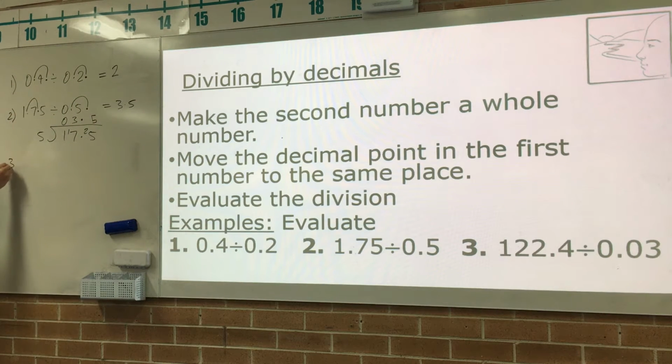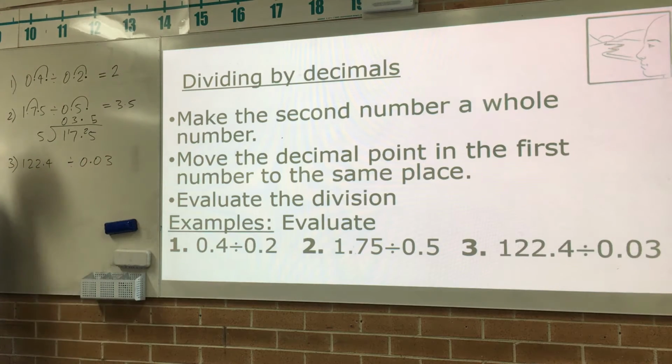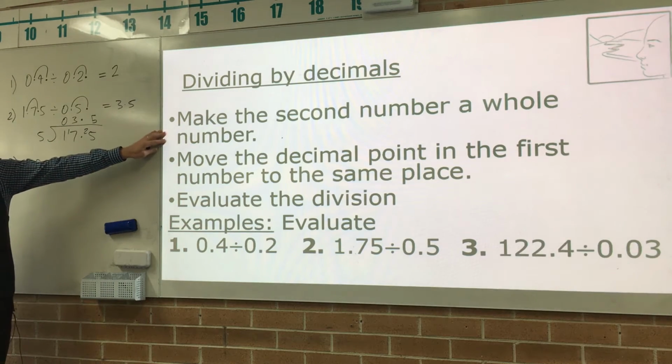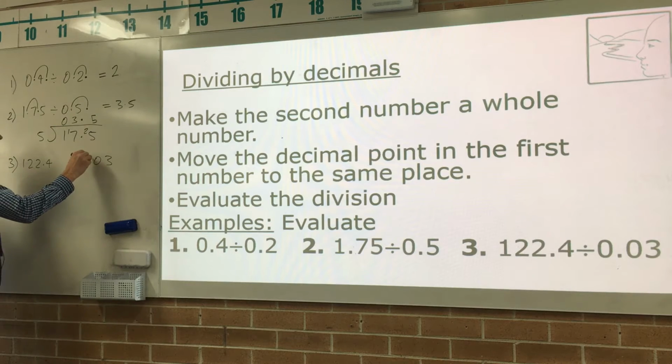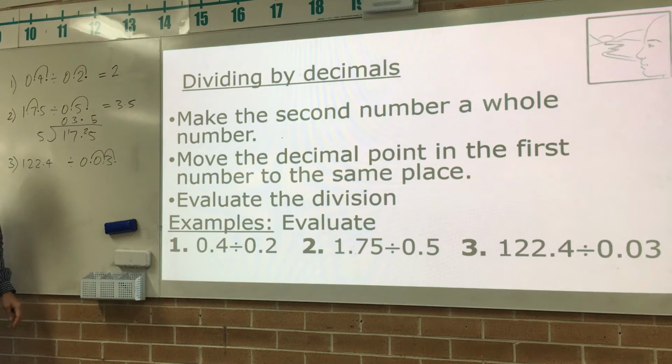For question 3, we're going to do a similar process, but this time we're going to have a difficulty because we're dividing by 0.03. My first step, move my decimal point 2 places to the right. So that's there.